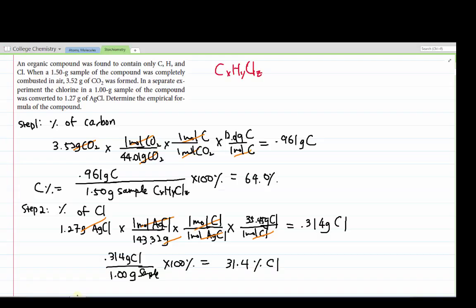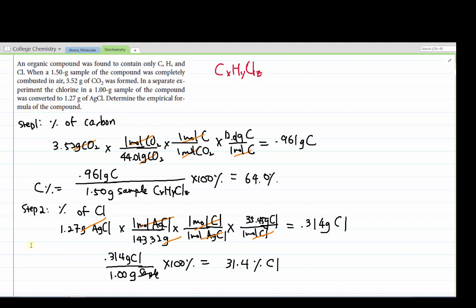And finally, they don't tell you the percentage of hydrogen. However, you can find it by subtracting these two from 100%. Our compound is only made of 3 elements.